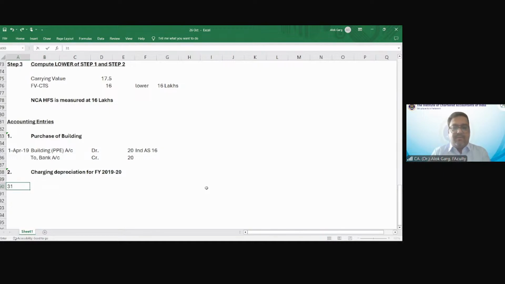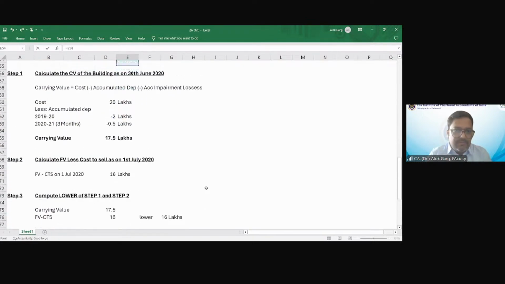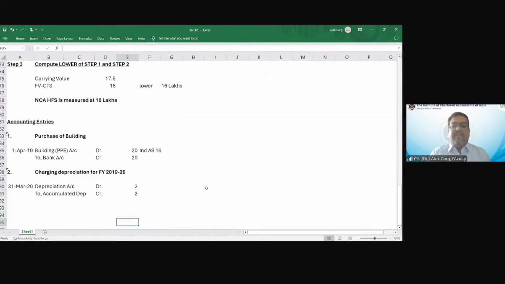On 31st March 2020, depreciation account debit to accumulated depreciation credit. What is the number? 2 lakhs, 20 divided by 10. Being depreciation charged.